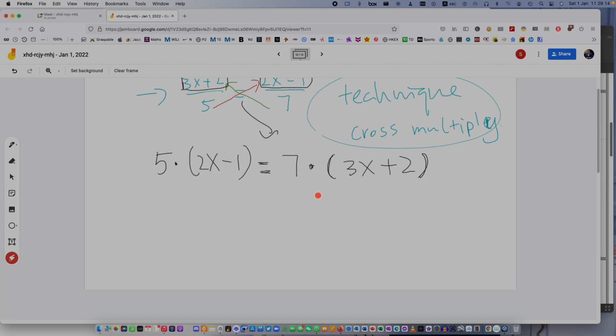Go ahead. What are you waiting for? This question is just first arrow, first arrow, first arrow, second arrow. Why is it so hard? Just open the brackets.